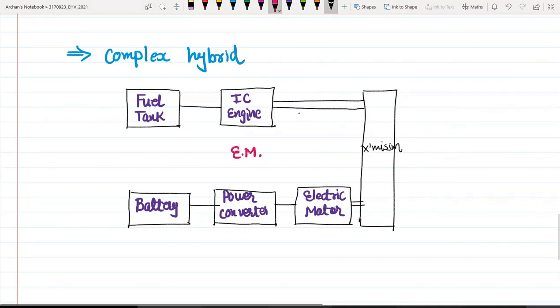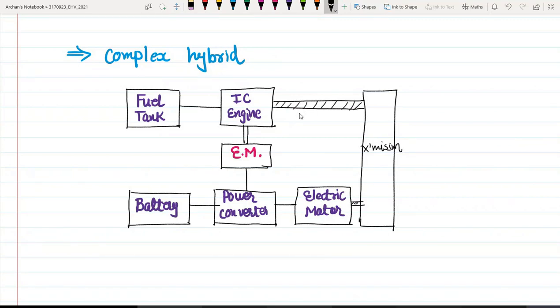And this electric motor is mechanically coupled with the IC engine, and electrically coupled with the power converter. Remember, in all these block diagrams, these two lines indicate mechanical coupling and a single line indicates an electrical link.